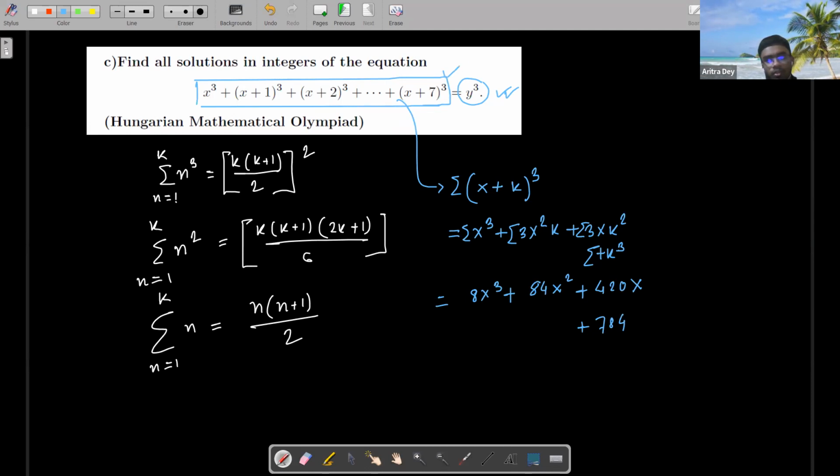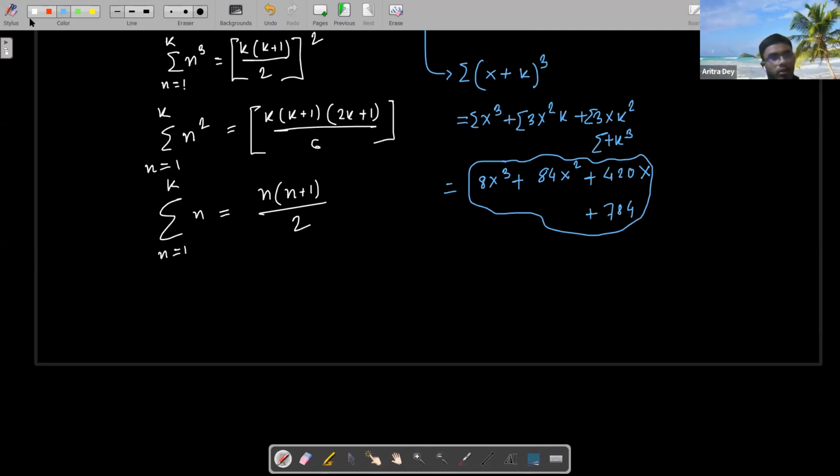So if you just simply open the bracket, you find this. So you get 8x cube plus 84x square plus 420x plus 784 equal to y cube. This is the thing.